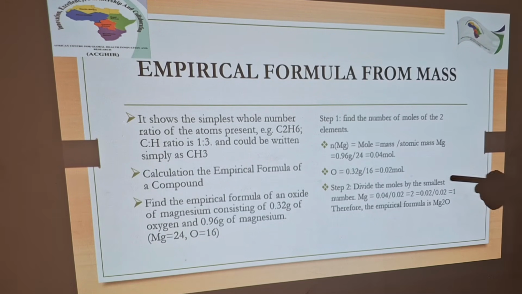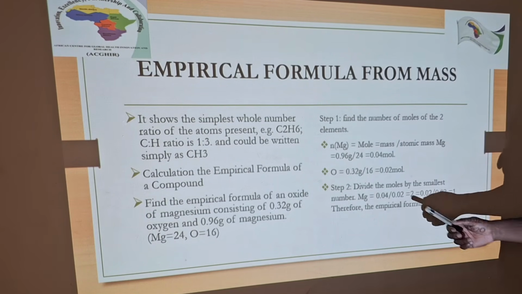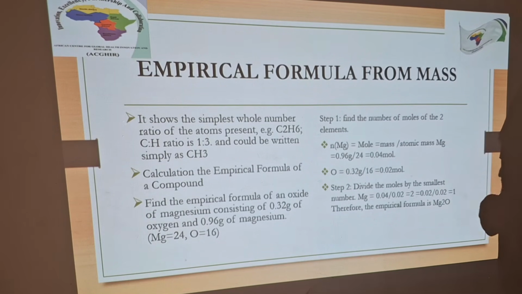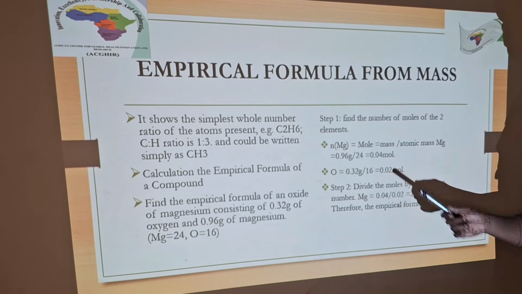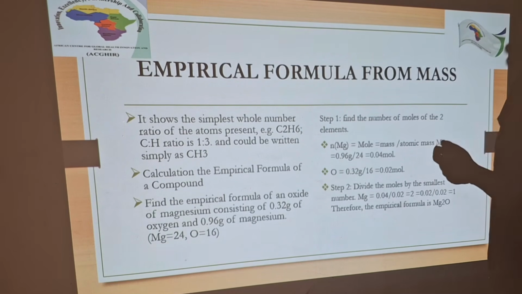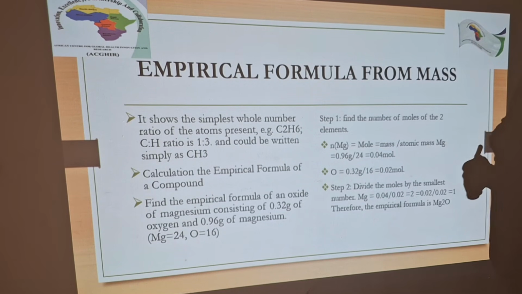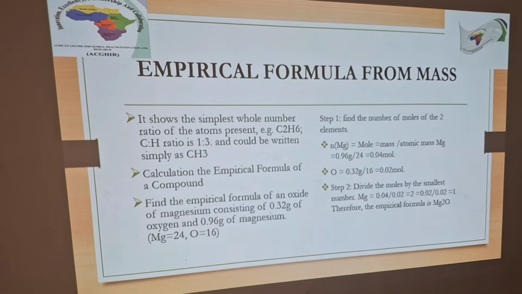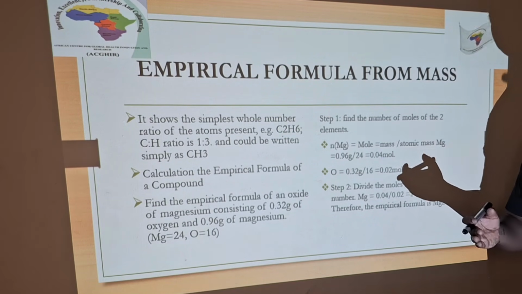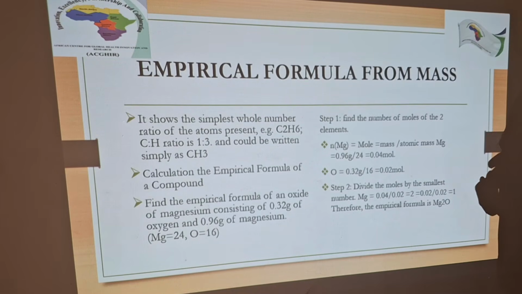From the question, the mass of magnesium is 0.96 grams, divided by the atomic mass of magnesium, which is 24. So we have 0.04 moles of magnesium. We also do likewise for oxygen. We are given that the mass of oxygen is 0.32 grams, and we know that the atomic mass of oxygen is 16.